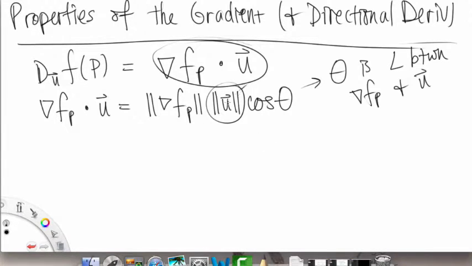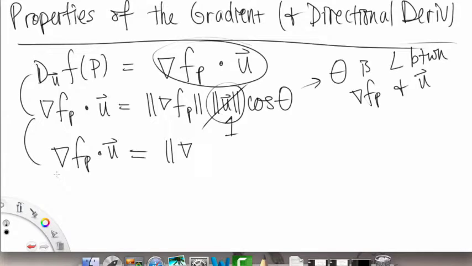The magnitude of u is 1, since it's a unit vector. So the directional derivative is equal to the magnitude of our gradient times cosine of the angle between the gradient and our unit vector.